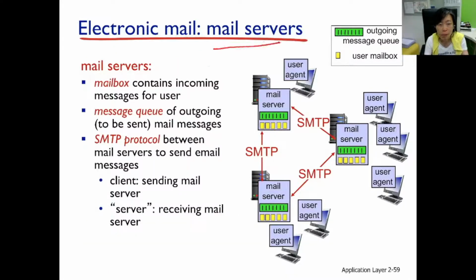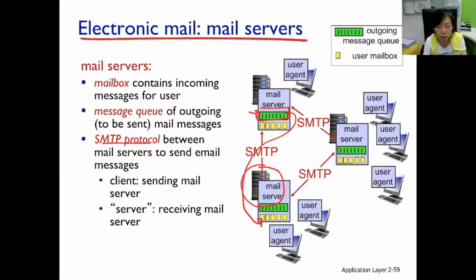Now the mail servers. It's got three major components. The mailbox, which contains all the incoming messages per user. So these are the yellow boxes. When emails come in, they will be sorted out and then put into the email boxes depending on who the receivers are. Second component, the message queue. Those are the green queues over here. So messages that are going out will all be stored here temporarily, waiting for the receiving mail server to open up and then accept the emails.